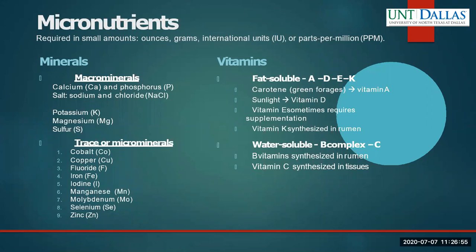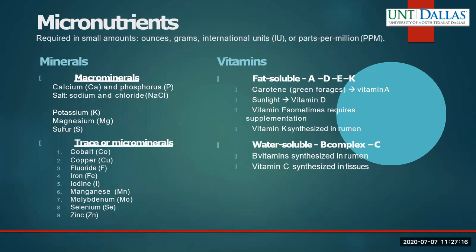Moving to manganese, it is required by both sheep and goats, but precise levels have not been established. Most forages have greater than 50 parts per million manganese, and most grains have 15 to 20 parts per million. So deficiencies of manganese are also very rare.